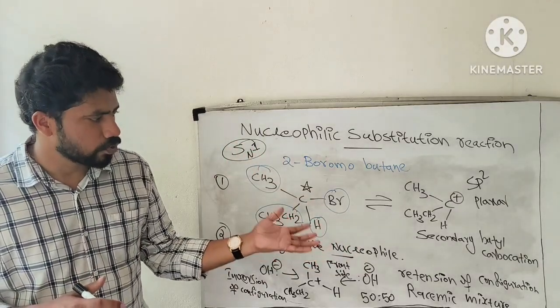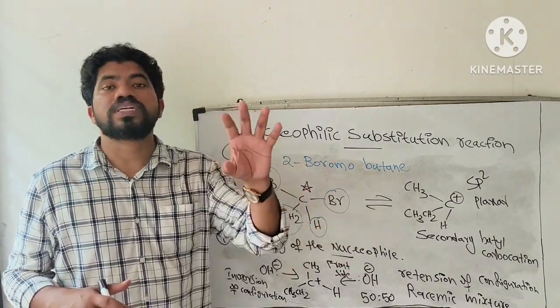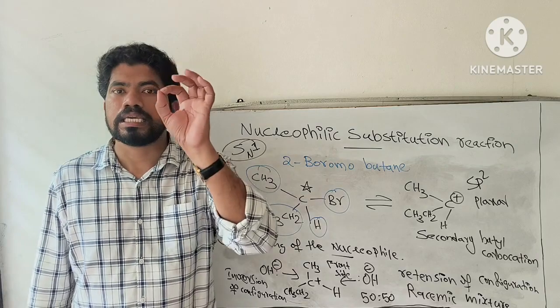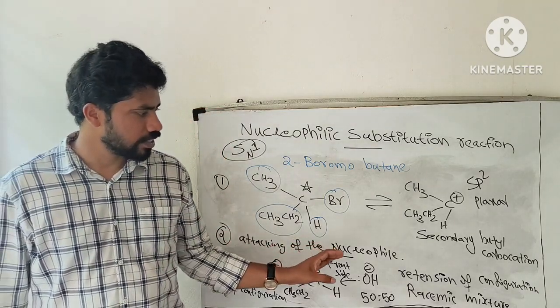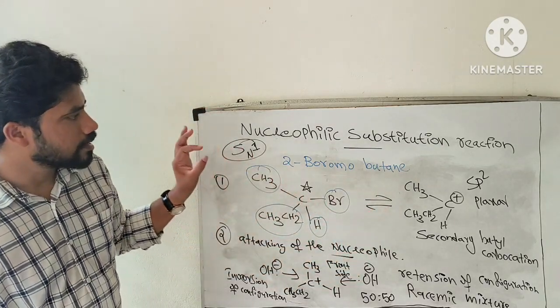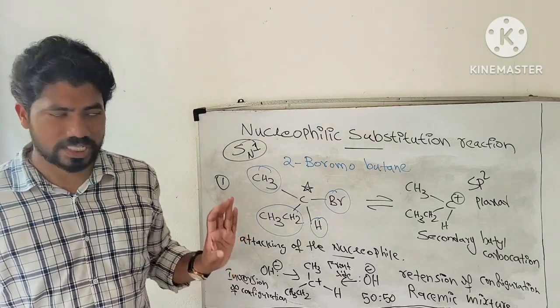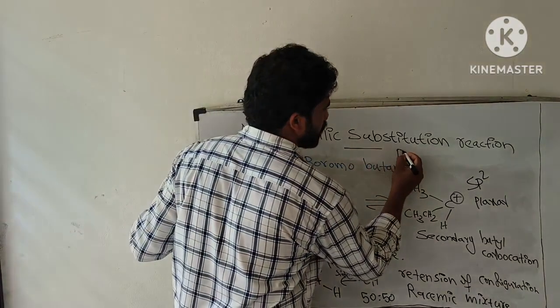That's why the product contains two types of enantiomers in an equal and opposite way. So this is called a racemic mixture, and the stereochemistry of the SN1 reaction is finally racemization.